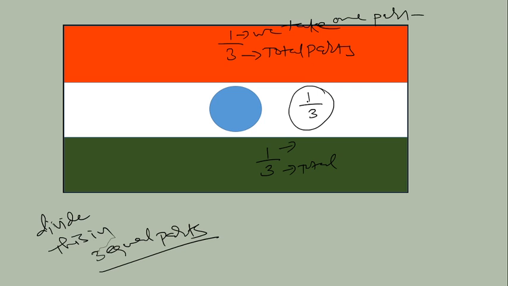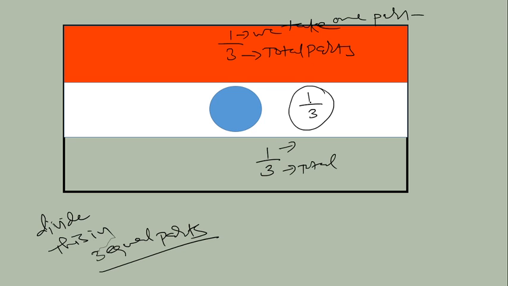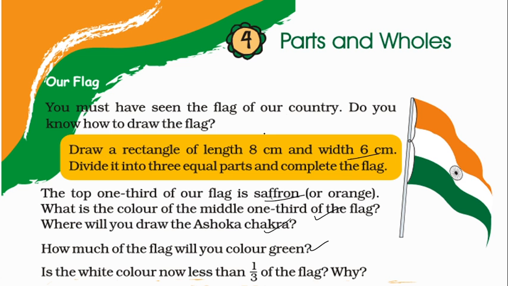These are the questions. Again, we will see that. Look here, the top one third of the flag is saffron. What is the color of the middle one third of the flag? Here you can write the answer of the second question: white. How much of the flag do you color green? The answer is 1 by third. Is the white color less than 1 by third?